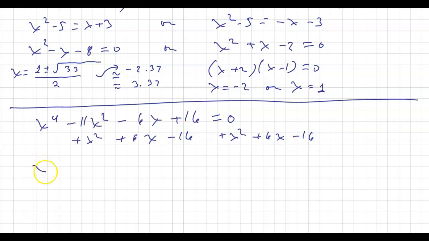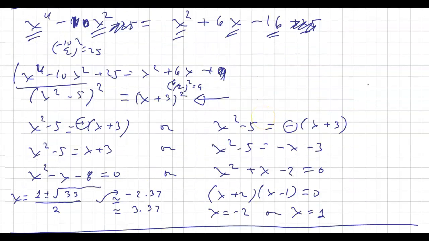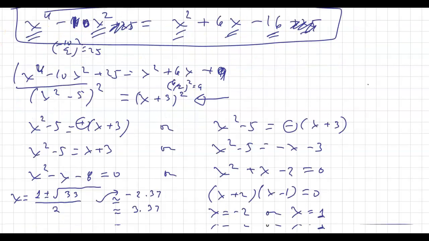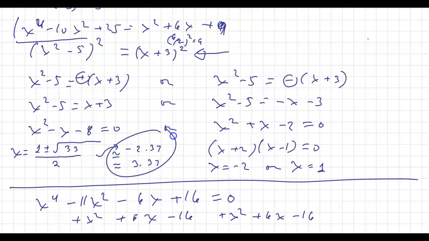And you would end up with x to the 4th minus 10x squared is equal to x squared plus 6x minus 16. Well, that should look familiar because that was the exact equation that we had before with these four answers.